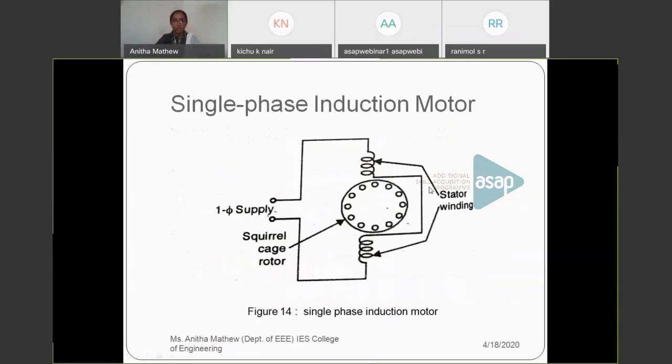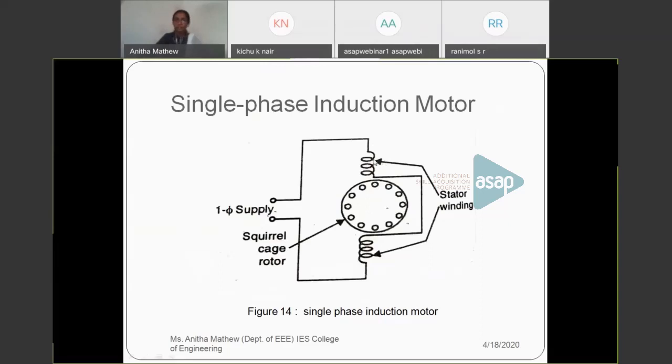Once again, as in the three phase induction motor, there is a stator and a rotor. But in three phase we are providing three phase winding.